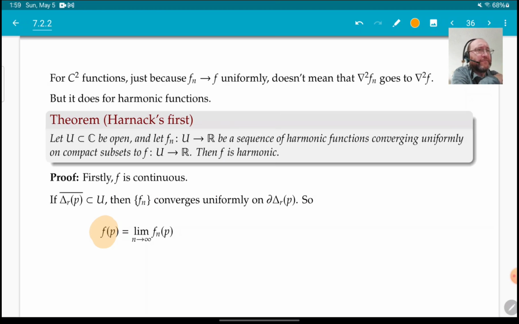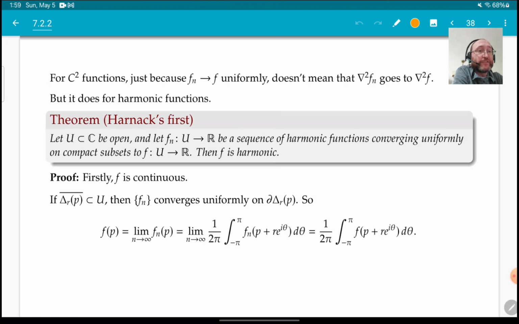At f of p, the center of this disk, well, we have pointwise convergence. So at this point, we rewrite this f_n of p using the mean value property as the average over this little circle, and now this limit can go inside because it's uniform on that.